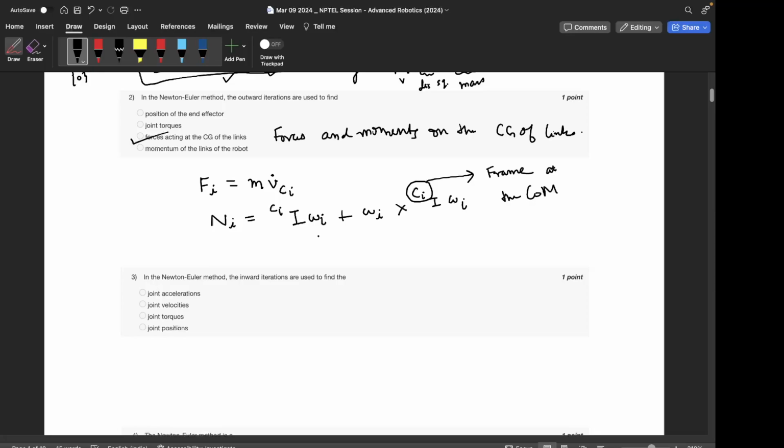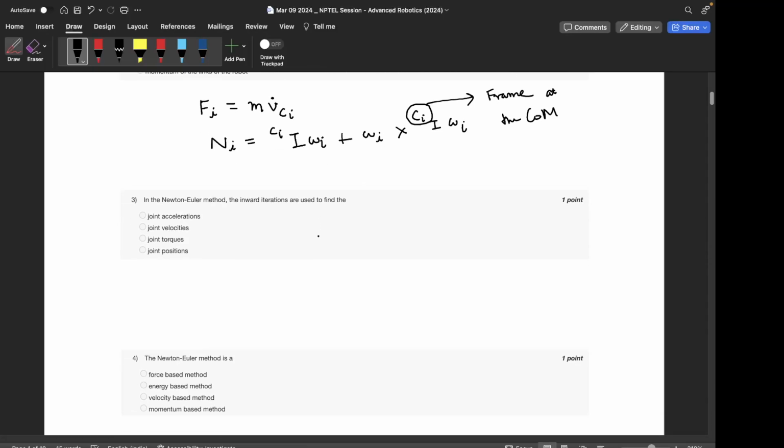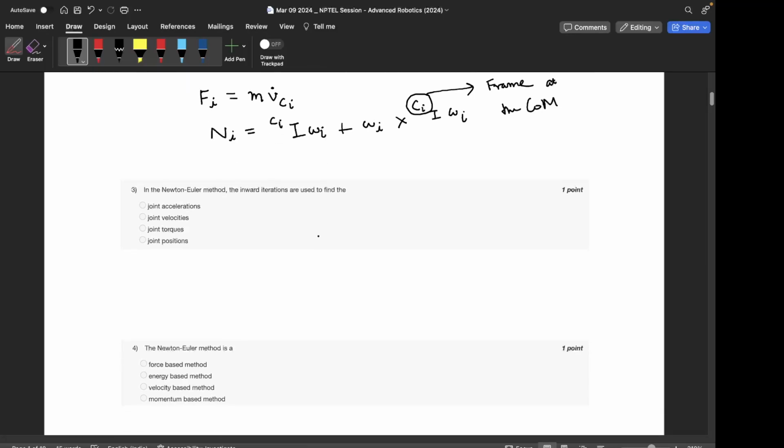Okay. And subsequently, the next question is about the inward iterations, which are used to find the final outcome of the dynamics, which is the joint torques. So let me rewrite the inward iteration expressions, which use the capital Fi and capital Ni that we got after the outward iteration.